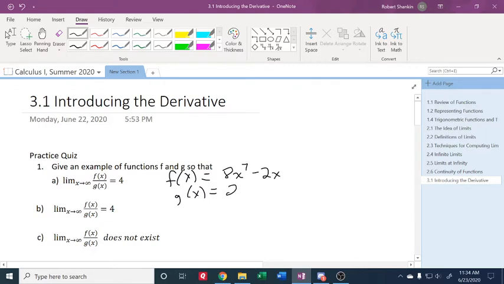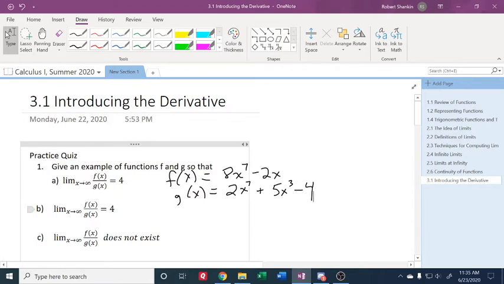The ratio of the coefficients has to be 4, and it has to be the same degree, plus 5x cubed, doesn't matter, minus 4. Something like this. That's an example of a function that would satisfy this condition. The horizontal asymptote of the quotient is 4.